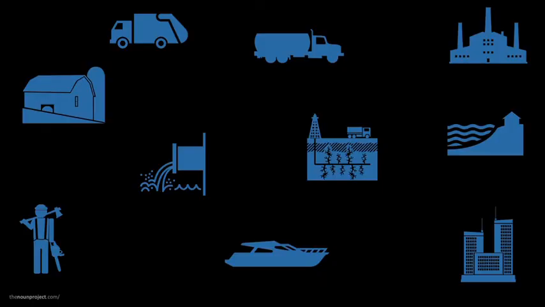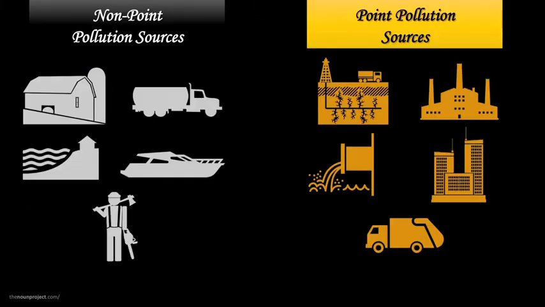So to be able to understand why this occurs, we need to understand where this pollution comes from. Looking at the slide, we can see a commonality between these icons. We can all tell that humans are involved in some way. But there are also other connections that you can make with these. You can make them into point pollution sources and non-point pollution sources. Well, point pollution sources are pollution that you can identify to a specific point.